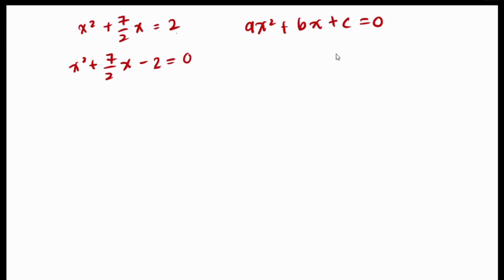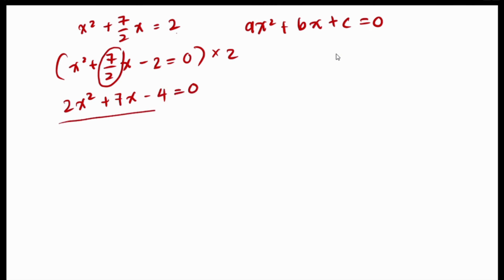Okay, then to use the factorization method, it is easier if we don't have any fraction as the coefficient. So we need to get rid of the denominator. We multiply everything by 2. So you will get 2x squared plus 7x minus 4 equal to 0. Then it is in general form.